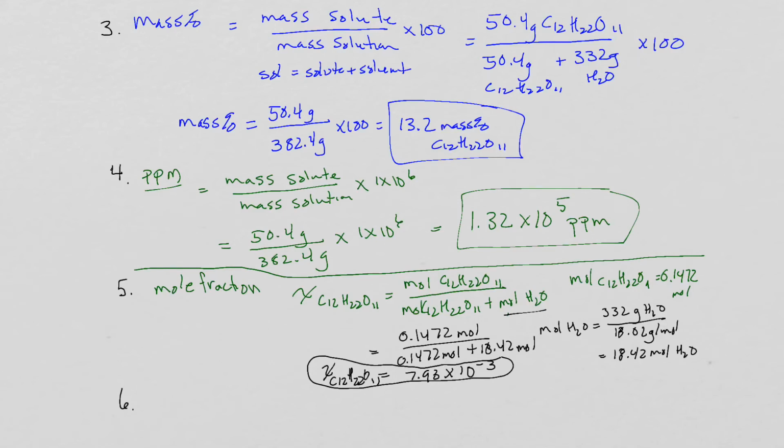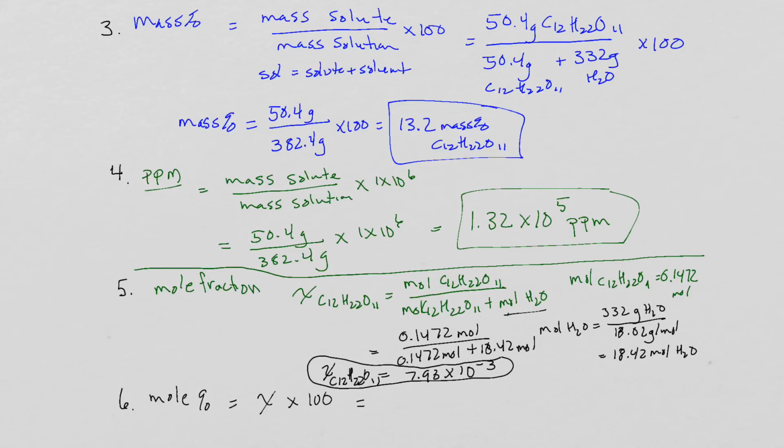So what we can see is that, though we don't have terms of mole fraction, the solute is a very small fraction. Just think of the moles. We have 0.147 moles of solute, but we have 18.42 moles of solvent. Now, again, to do this as a mole percent, we're just simply going to take my mole fraction times 100.